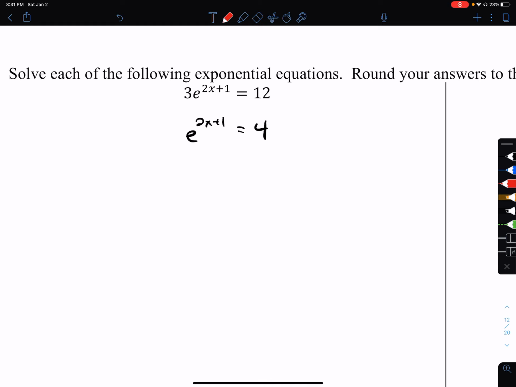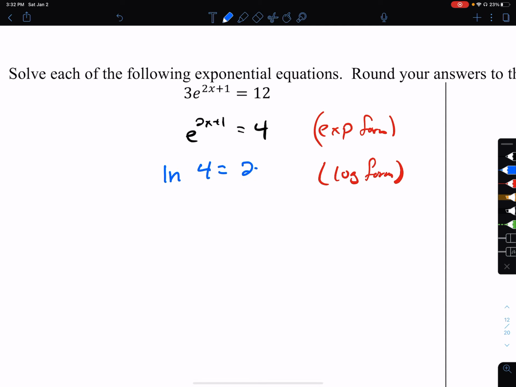So this is exponential form, and the guidelines are to change this to log form. So in log form, this would be natural log, base e, of the argument equals the exponent.